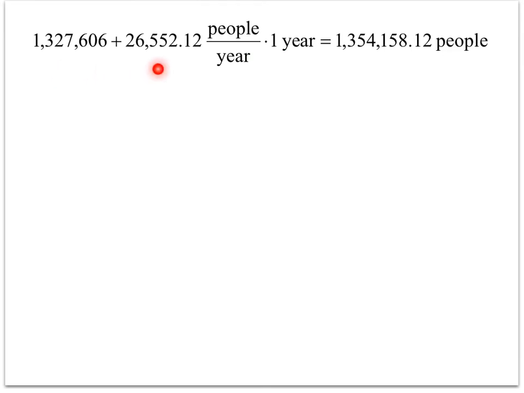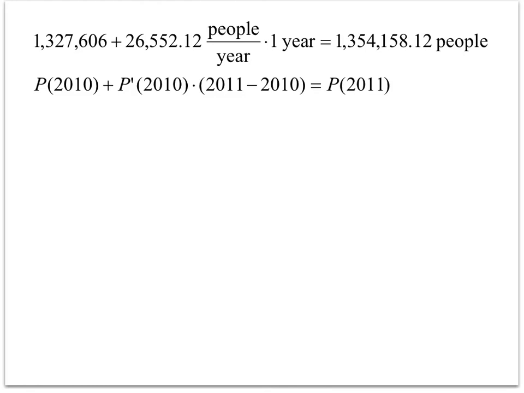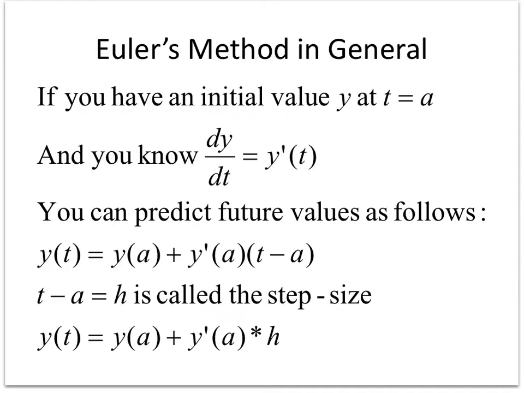If I write this out, this is what you just saw me do. And then in the general format, my starting point was 2010. I want to predict 2011. How can I do that? I can take 2010 plus my derivative, what I used my differential equation for, and then times the change.